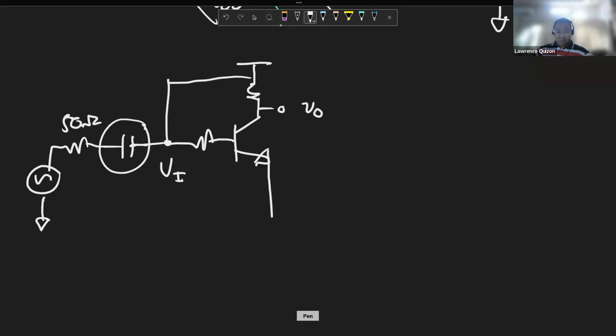Anyway, so the way that we couple V in, the small signal input, into a circuit like this is by putting in a capacitor, no? And in fact, when I did the undergrad project in this, this was what most students did, and the lab handlers didn't really have any problem with it because it is a good way to couple the circuit.